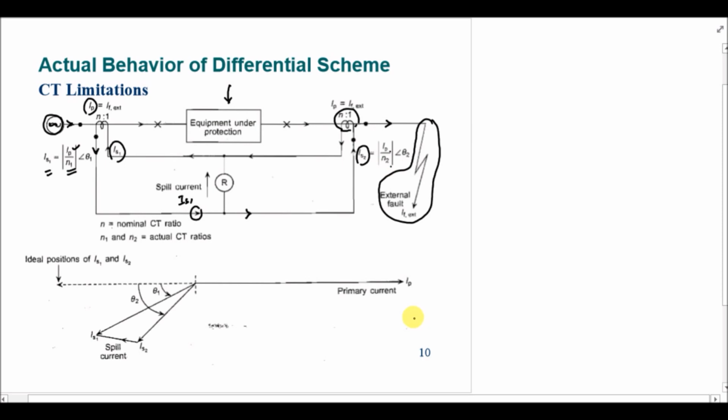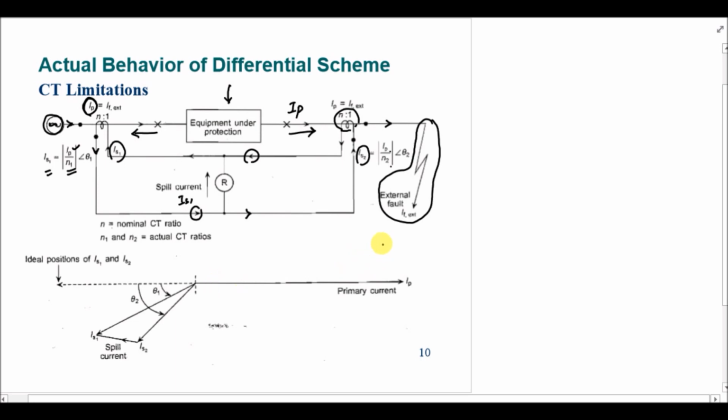So there are two currents, IS1 flowing opposite to the direction of the primary current. Similarly, IS2 is also flowing opposite to the direction of the primary current. So in both cases, the secondary current is 180 degrees out of phase with the primary current.